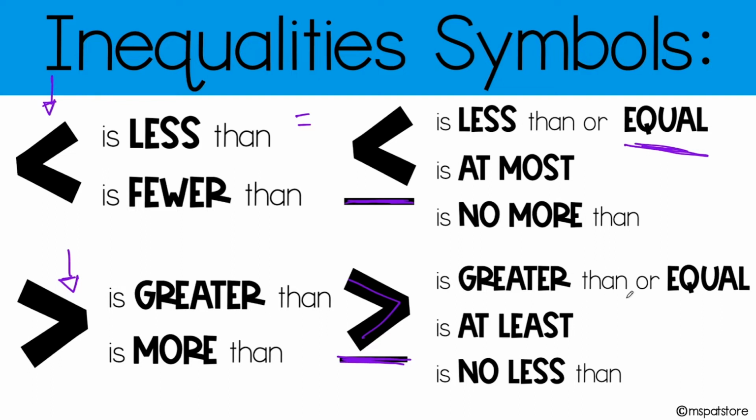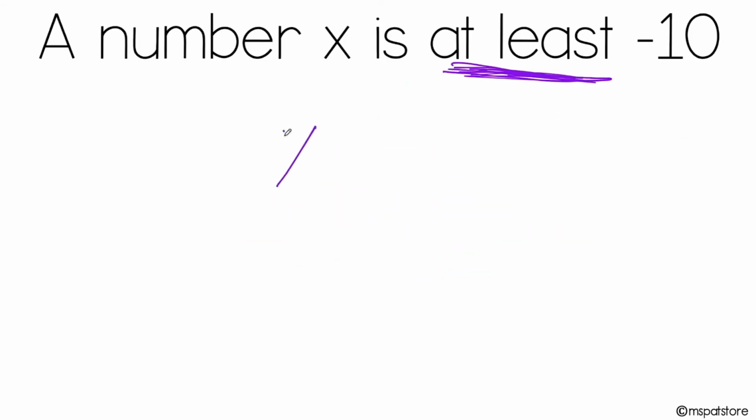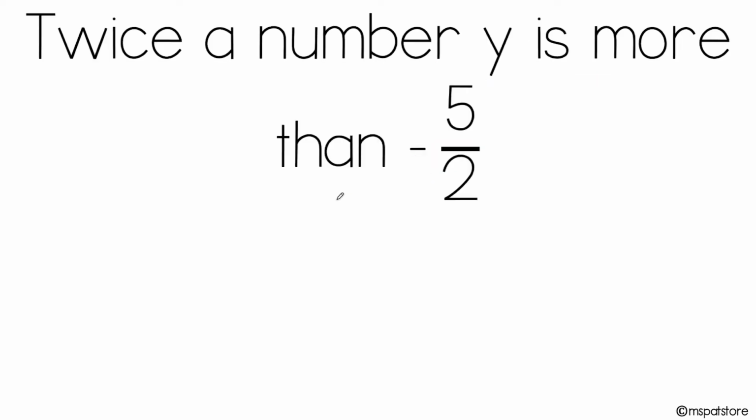Greater than or equal is at least. Bingo, this is the phrase we're looking for. So I need to use the greater than or equal sign in this case. A number x is greater than or equal to negative 10. That's what it represents.